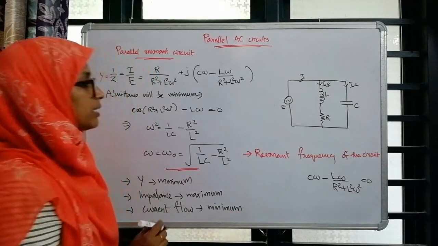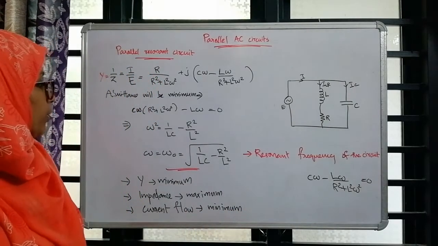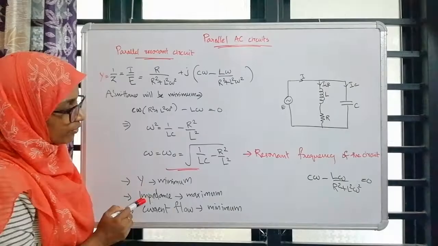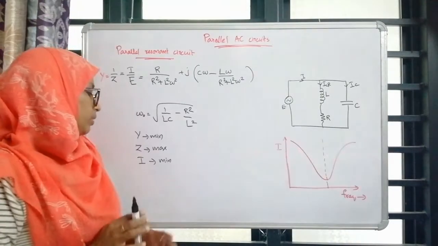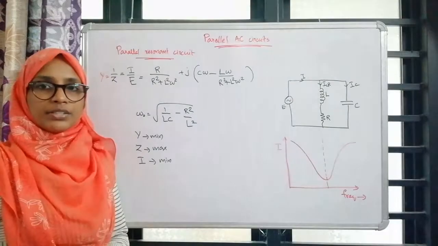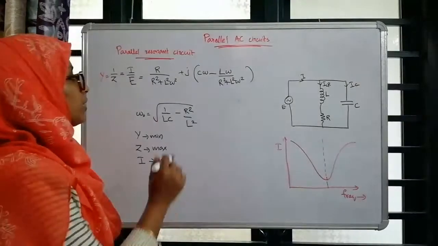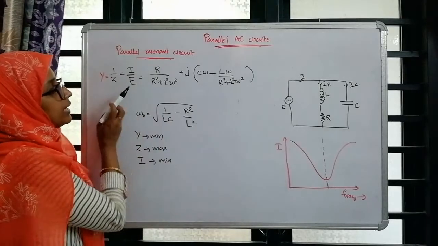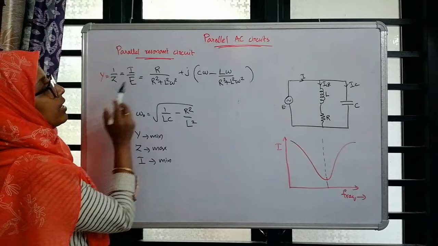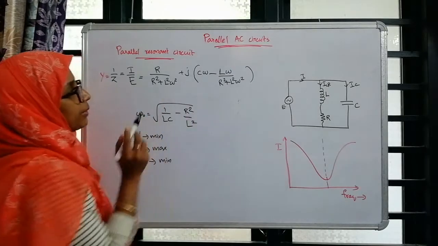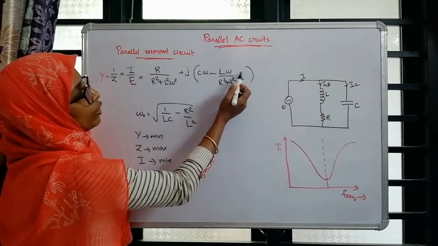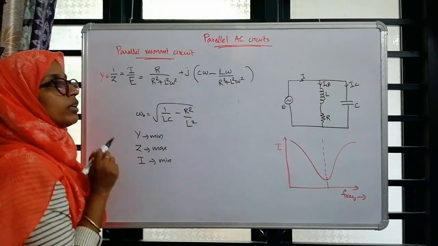So, at the resonant frequency of the circuit, the admittance will be minimum, the impedance will be maximum, and the current also will be minimum at the resonance condition.